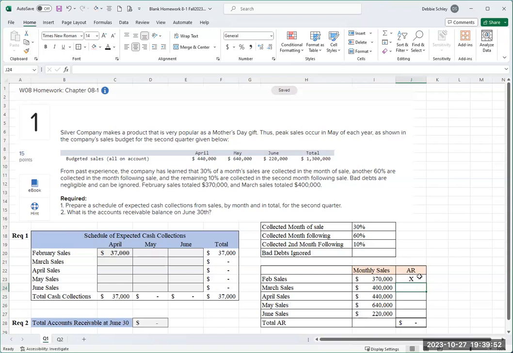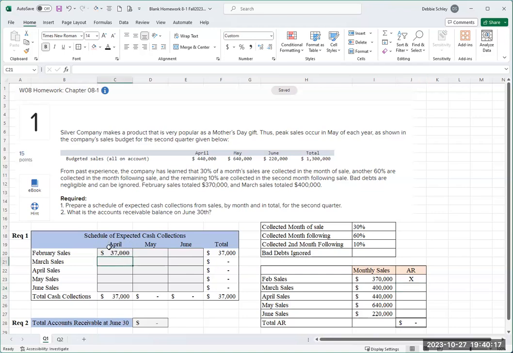So that's now a zero balance. This is going to come in handy for when they want the total accounts receivable at June 30th. That's why I'm making this cute chart here. So we don't collect any more in May or June from February sales because they have completely been collected.